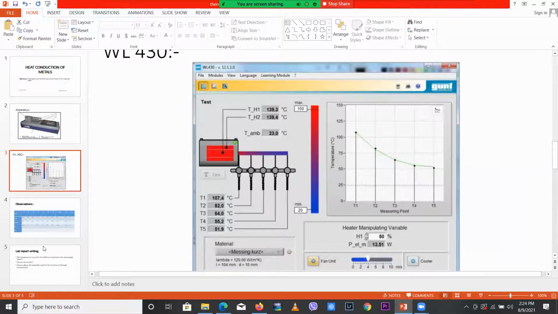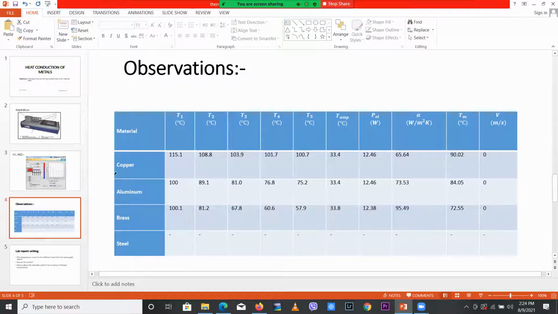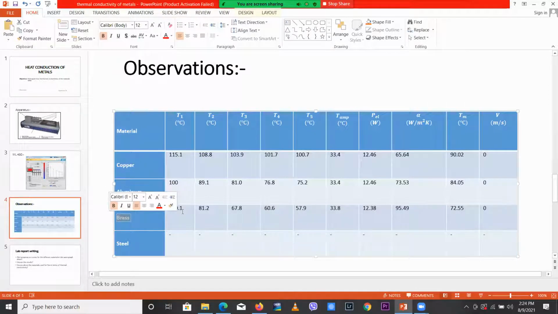But you have to plot three different temperature graphs in the same sheet. In one sheet you have to plot the temperature curve for these three different metals. It's better to draw them in different colors. If it is red for the copper, aluminum will be blue, brass will be black. Likewise you can draw it.